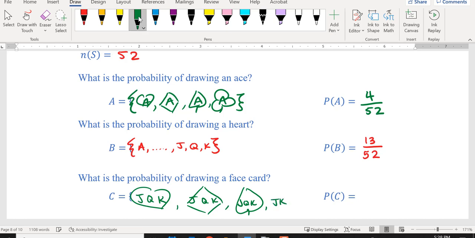And a jack, king, queen of clubs. All right, that's our event. How many cards are in our event? 1, 2, 3, 4, 5, 6, 7, 8, 9, 10, 11, 12. There's 12 cards in our event. There's 52 cards total. So the probability of drawing a face card is 12 out of 52.